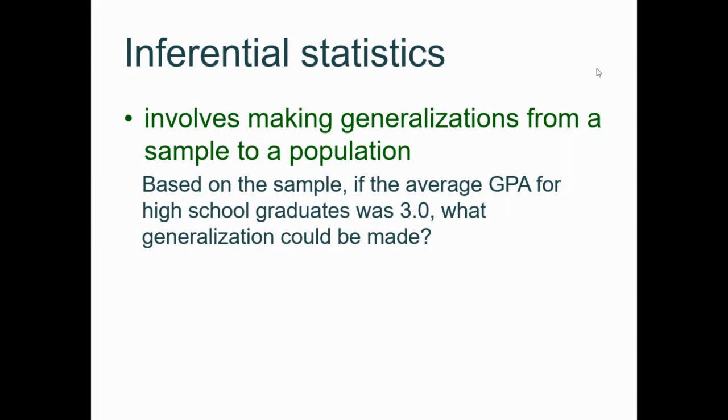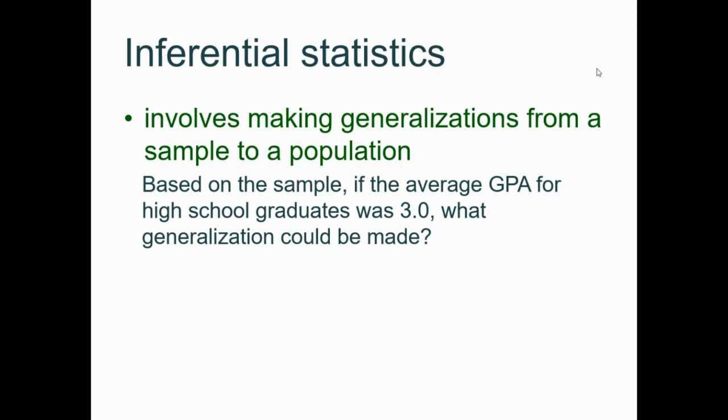So based on the sample, let's say the average GPA for high school graduates was a 3.0. What generalization could be made? That every student would have a 3.0 average?